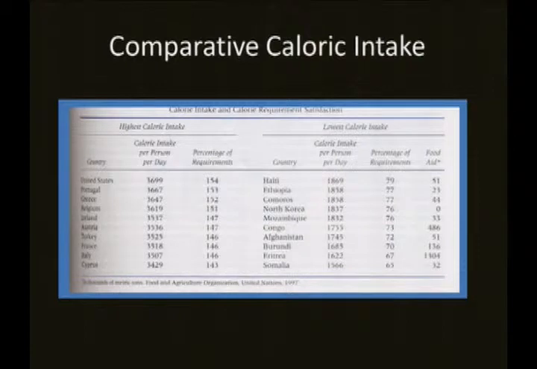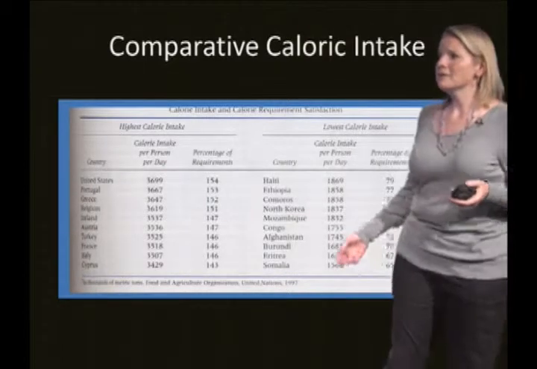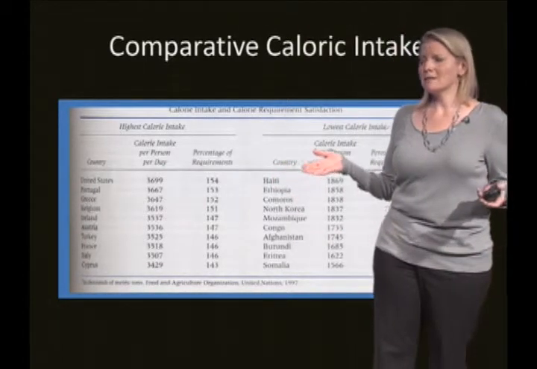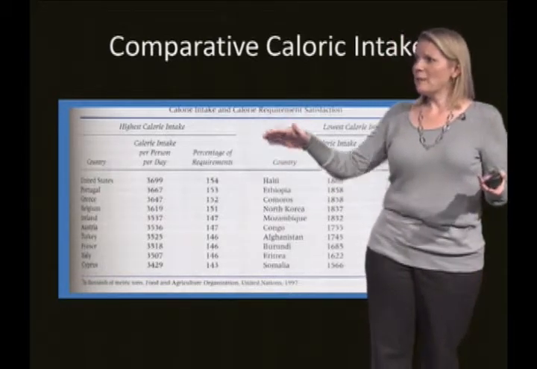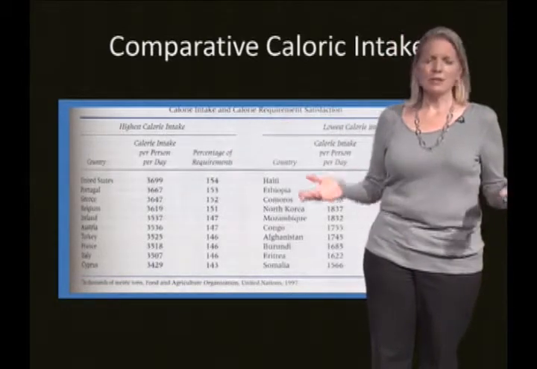So let's take a quick look and start breaking down some of the ideas that go with hunger. We might look at things like comparative caloric intake. If we look at our comparative caloric intake, we can get some idea of the highest caloric intakes on Earth. At the top of the heap is the United States.